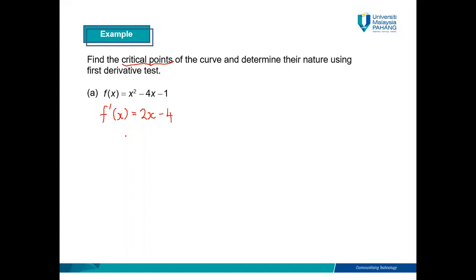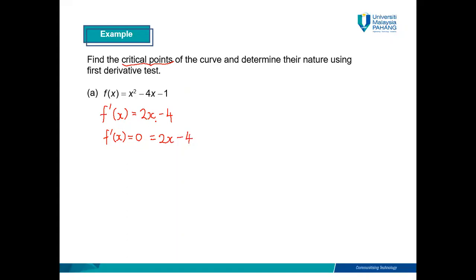And then how to find the critical value? Critical value occurs at f prime x is equal to 0. So this is equal to 2x minus 4.